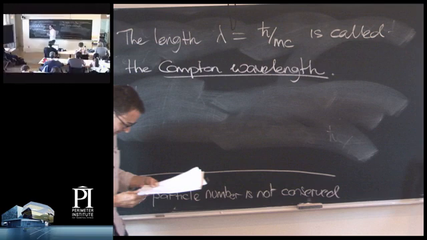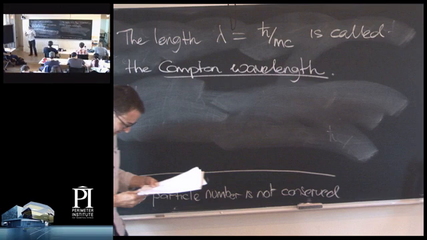And the way to think about this is that it's basically the maximum length scale at which it makes sense to talk about a particle at all. Because if you start exploring the particles at length scales smaller than this, what you're going to see instead is a swarm of particle-antiparticle pairs that surround the particle.